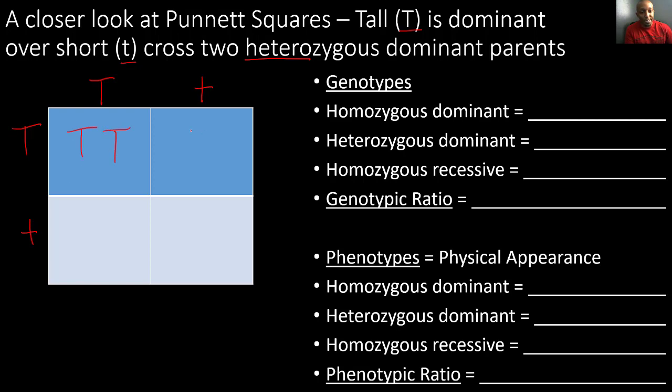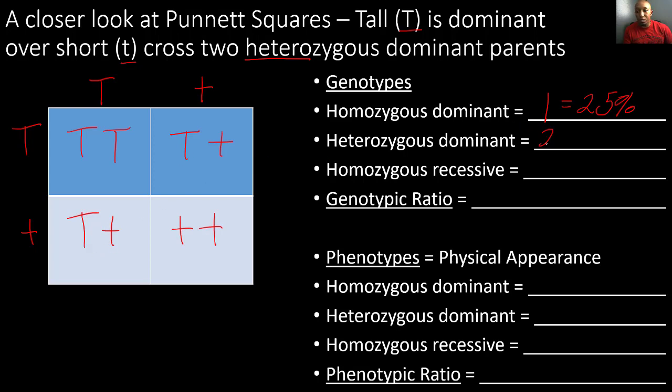So we have a homozygous dominant, heterozygous dominant right here, and then a homozygous recessive. So the homozygous dominant, that means we're going to have 1 of those. So that's going to be equal, that's going to be 25%. And then our heterozygous dominant, we're going to actually have 2 of those.